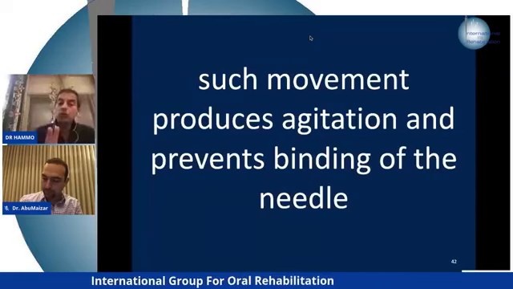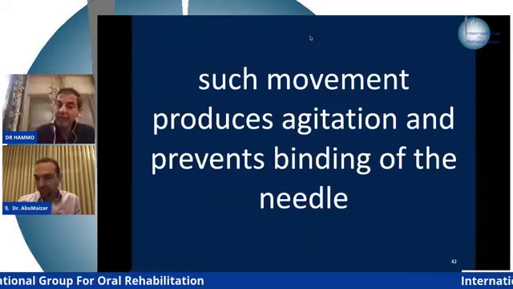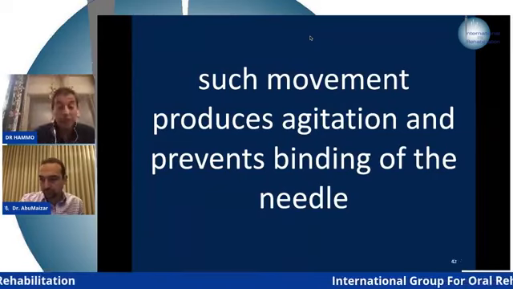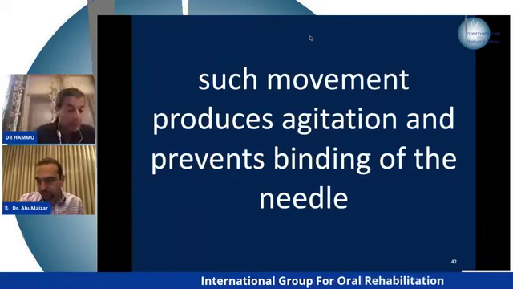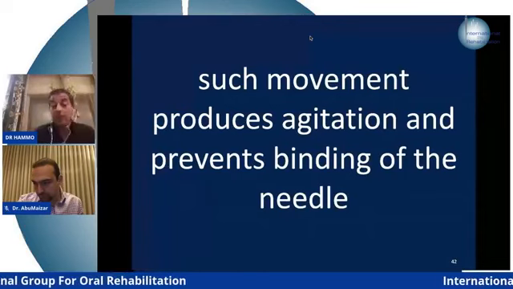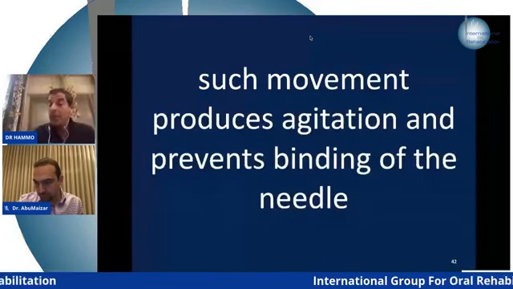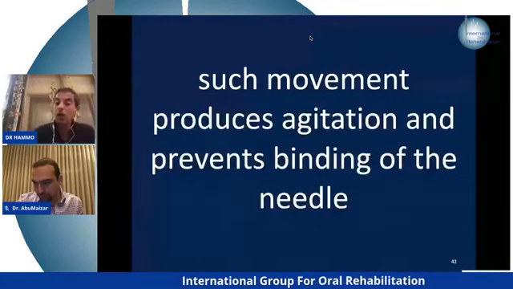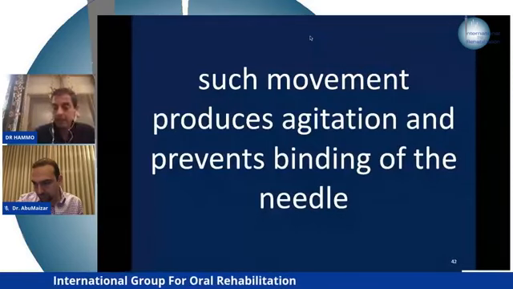Such movement has 2 advantages. First, it will produce agitation, so it will activate our sodium hypochlorite, and it will prevent binding of the needle, so our needle will not get stuck inside, so it will decrease the risk of the accident.